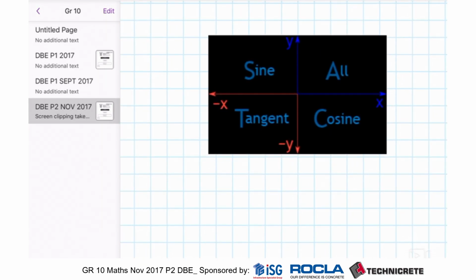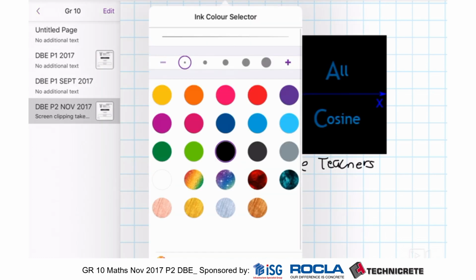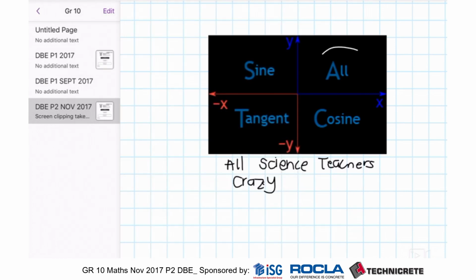So this is very important, and I found a cute rhyme to help you to remember it. The rhyme is: all science teachers are crazy. In the first quadrant all the signs are positive.